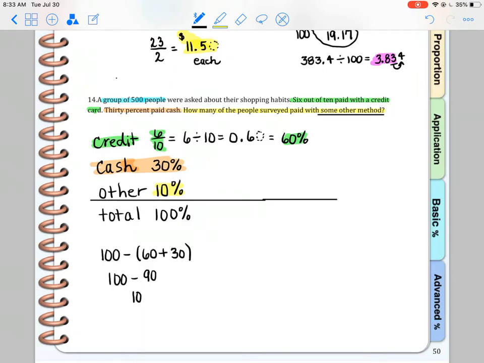Okay. And we're going to need to add in a column or a space for this other information. Okay. We know that we had a total in our study or survey of 500 people. So 500 is the 100%. And we are looking for the other payment method.